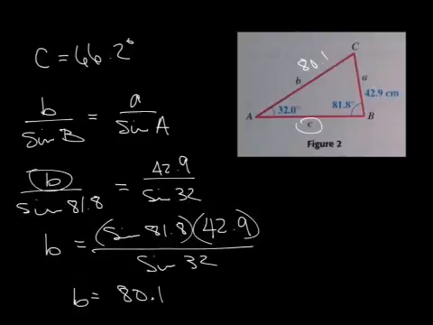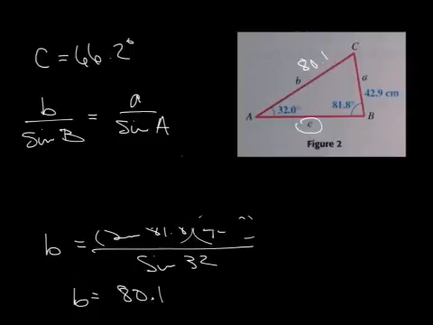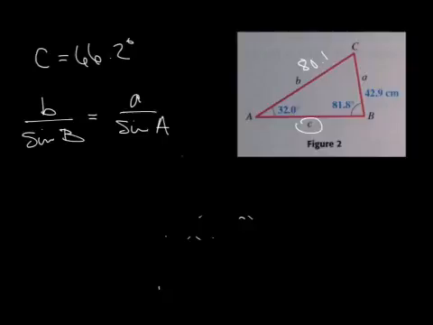Alright, so just real quickly, instead of using this formula, I'm going to use the other law of sines formula, and since I'm looking for c now instead of b, I'm not going to use that one.